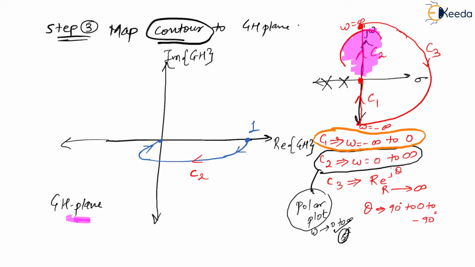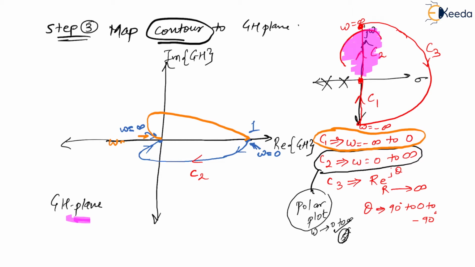Now I will tell you one thing. Since my plot is starting here, which means here omega equal to 0, right? And here omega is nothing but infinity, right? Now they are saying that from omega equal to minus infinity to 0, it means that you have to take a mirror image of this like this.